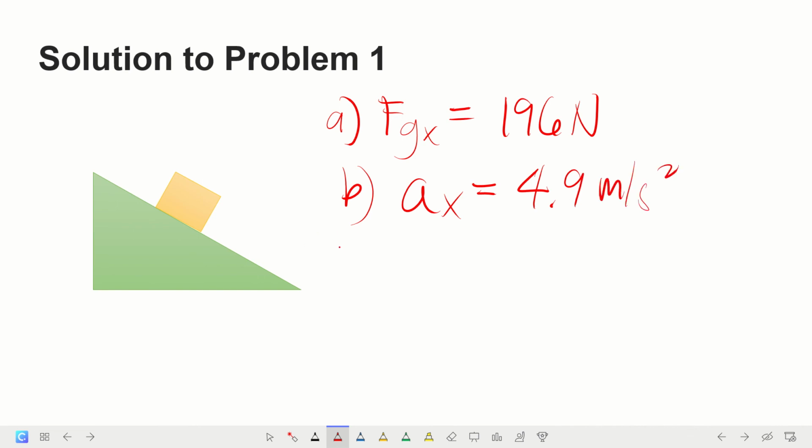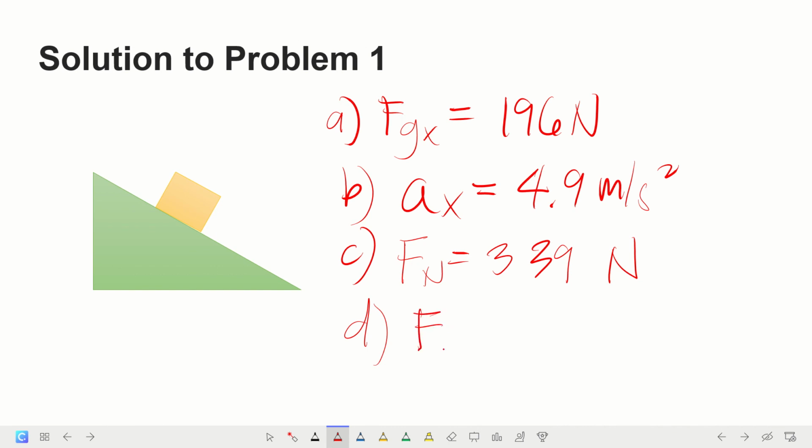Letter C, the force exerted by the surface to the object, or the normal force, is equal to 339 newtons. And then the force needed to prevent this object from sliding, the tension force or pulling force, is equal to 196 newtons.